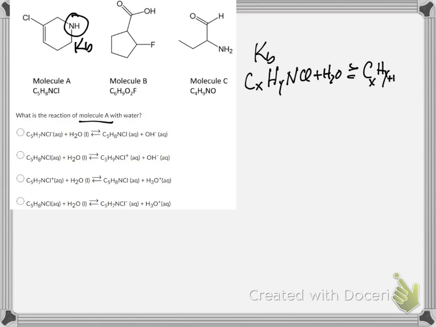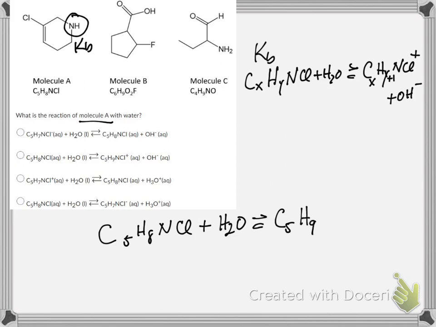So in this case, the hydrogens must increase with the positive charge, creating hydroxide ion. This is Kb. And so for this formula, C5H8NCl, we are going to go to C5H9NCl plus hydroxide ion. And that also means that the only product here can be B, the one that's correct. You must gain a hydrogen and it must go to hydroxide ion.